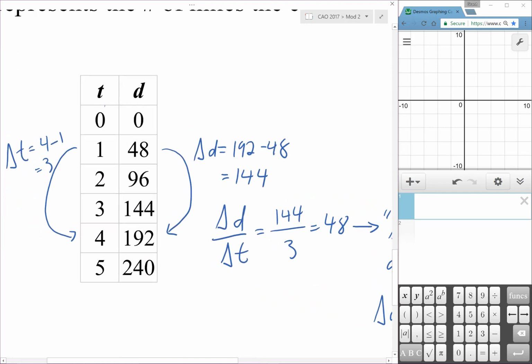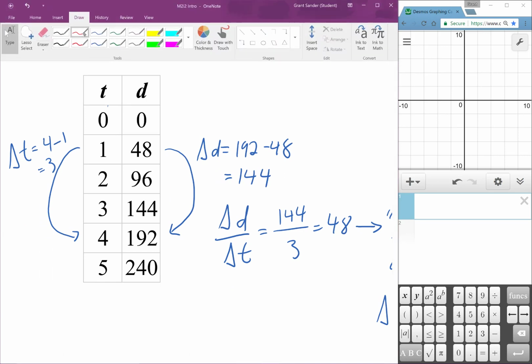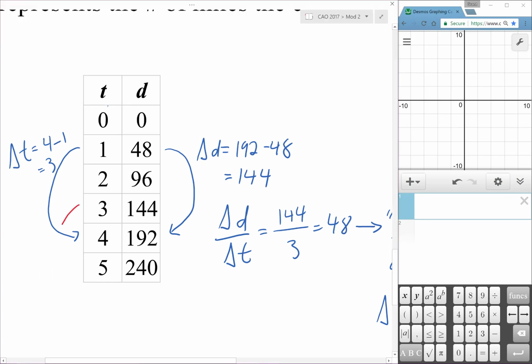Now, if we look at another interval of time, from t equals 3 to t equals 5, we see that d varies from 144 to 240. And this change in time is equal to 2. The corresponding change in distance is equal to 240 minus 144, which is equal to 96 miles.